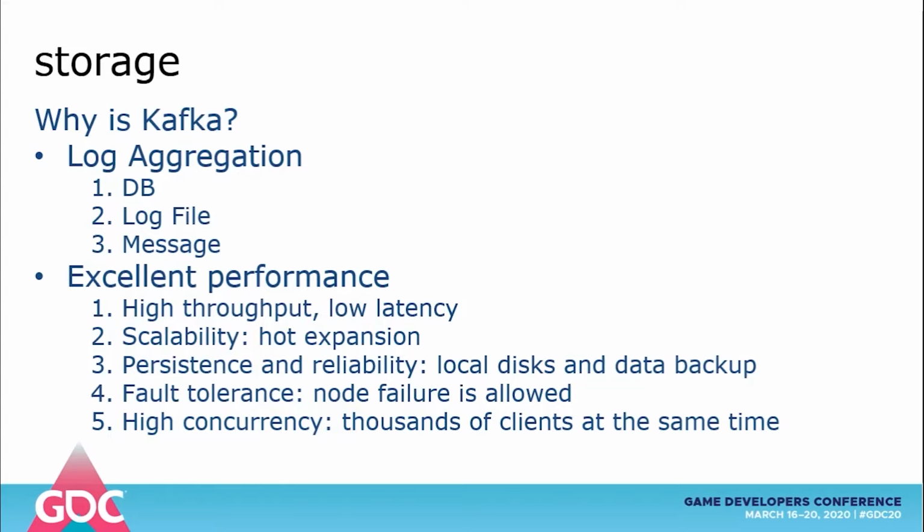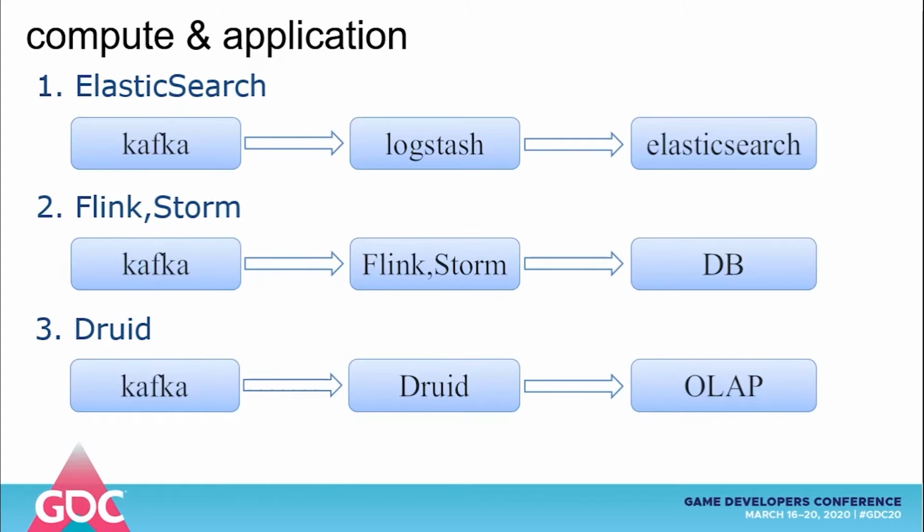As a distributed system, Kafka is very easy to scale, so you can add new nodes without stopping the server. The last step of the real-time data processing system is computing and application.